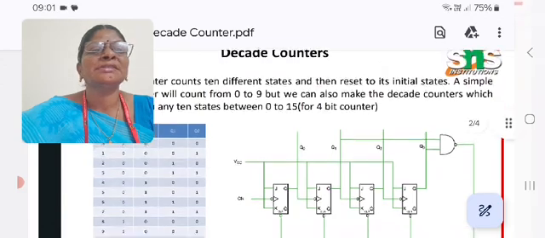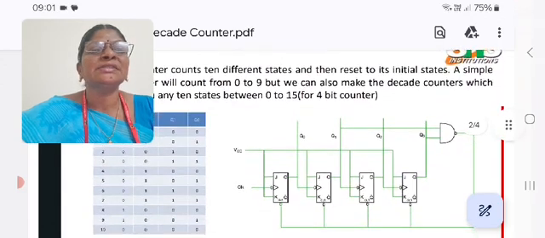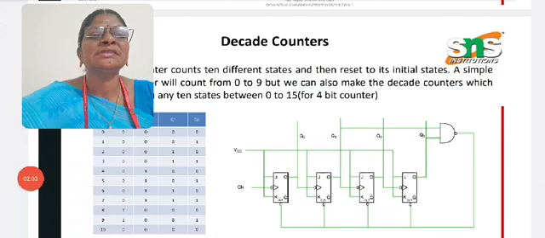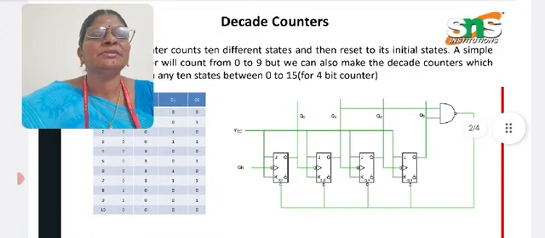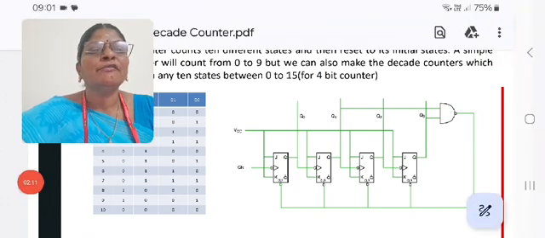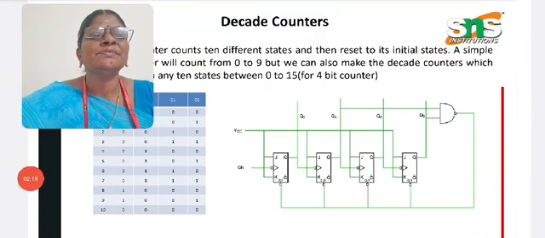And you can see the circuit diagram here, which consists of 4 JK flip-flops. So here you have 4 JK flip-flops, like flip-flop 1, flip-flop 2, flip-flop 3, flip-flop 4, and one NAND gate.